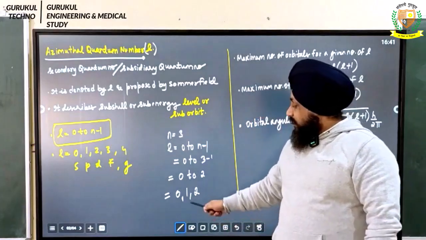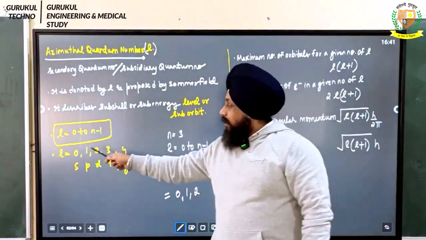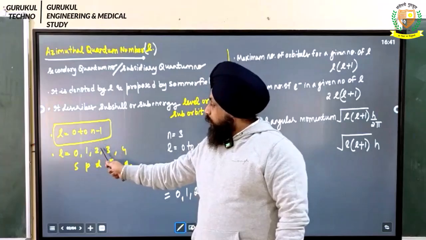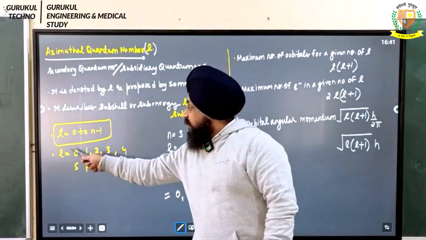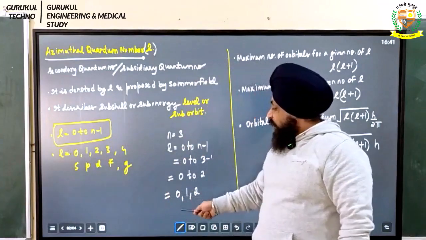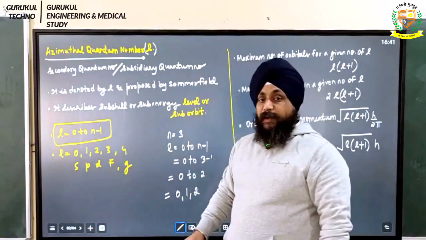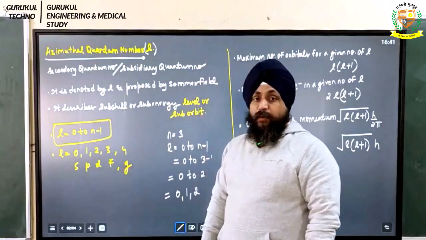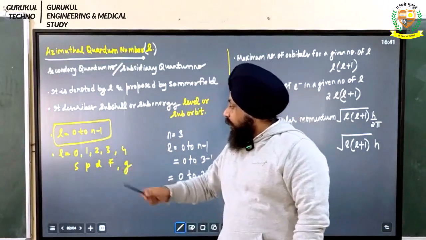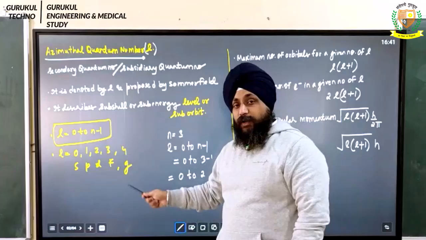So students, here L can be 0, 1, 2, 3, 4. If L is 0, that stands for the s orbital. 1 stands for the p orbital, 2 stands for the d orbital, 3 for the f orbital, 4 for the g orbital.